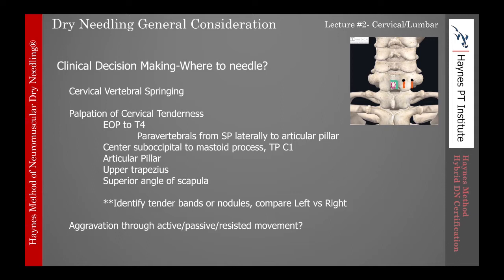Once we are looking more at our anterior structures, we can palpate around further anteriorly, say to sternocleidomastoid. But for this posterior piece, we would want to palpate all the way to the articular pillar to determine if that tenderness is more centrally or more laterally displaced towards that pillar.